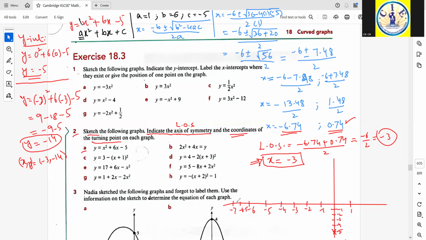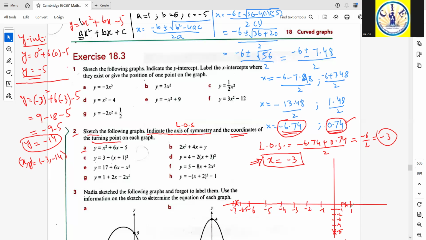And in between this is going to be somewhere the required point x equals to negative 6.74. Now for this x equal to positive 0.74, you see in between 0 and 1, this is 0.5, and in between 0.5 and 1, this is almost 0.74 here.